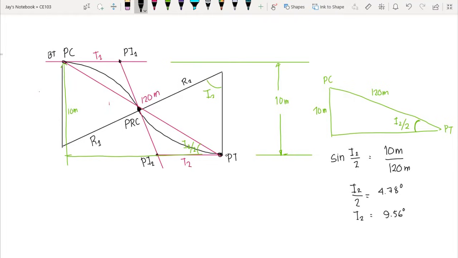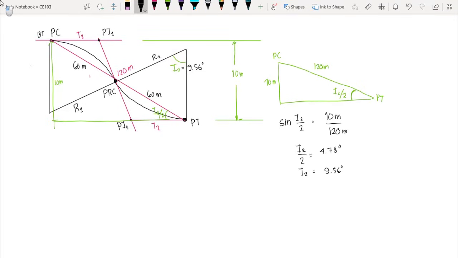So we have I2 here, which is 9.56 degrees. If we have 9.56 degrees as our angle here, that means we also have 9.56 degrees as our angle on the point of intersection.